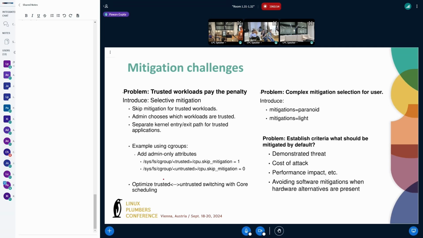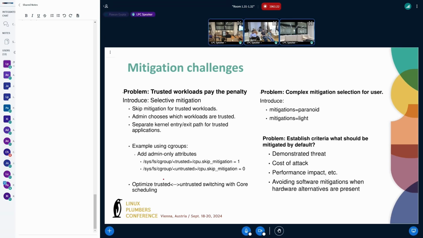So this basically enhances security a little bit as well. The other benefit of using cgroups and core scheduling is that we don't have to switch between trusted and untrusted apps. If the core already has all trusted applications, we don't have to write the MSR to switch the entry points or make any other changes.